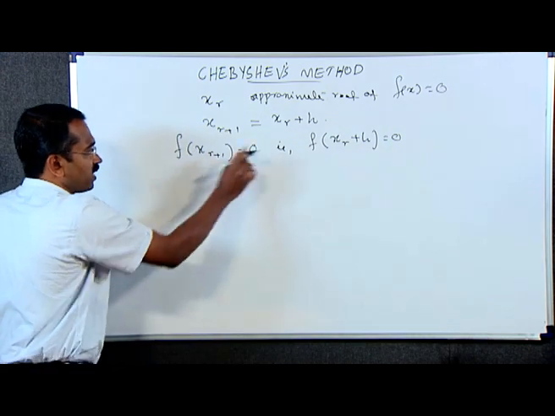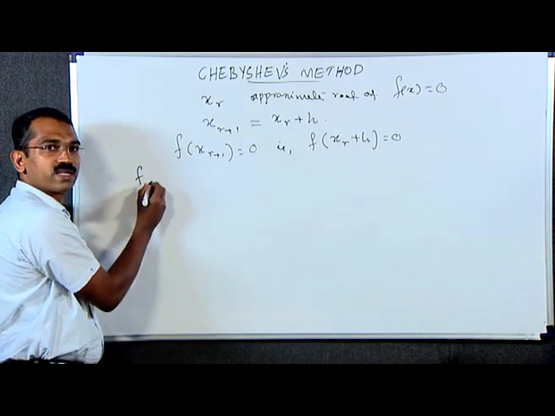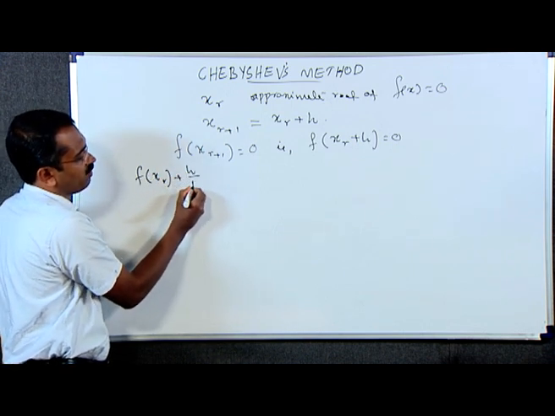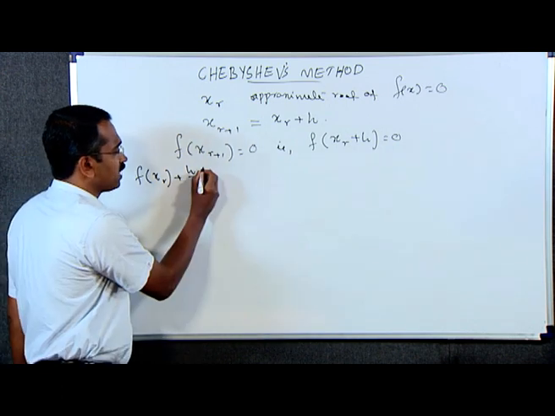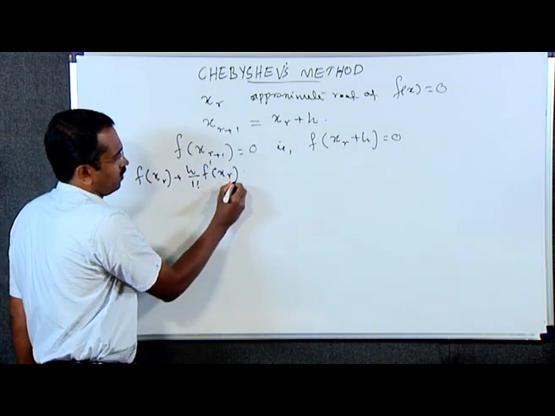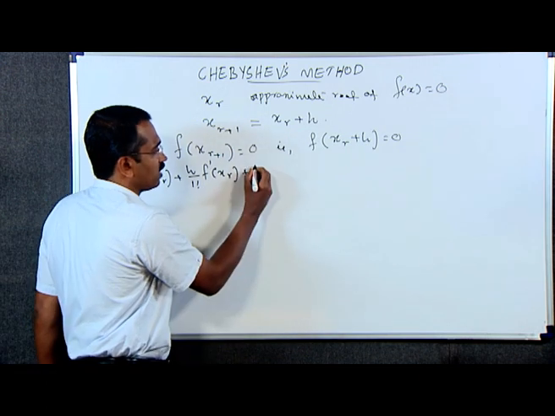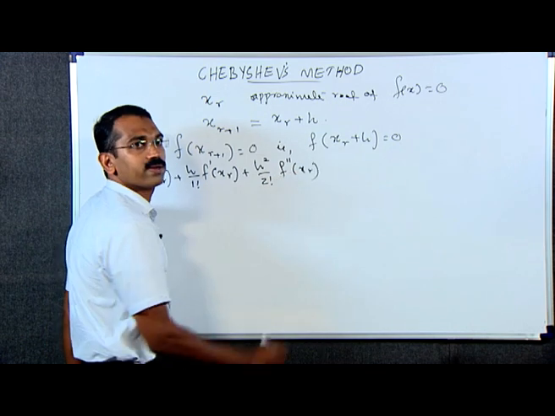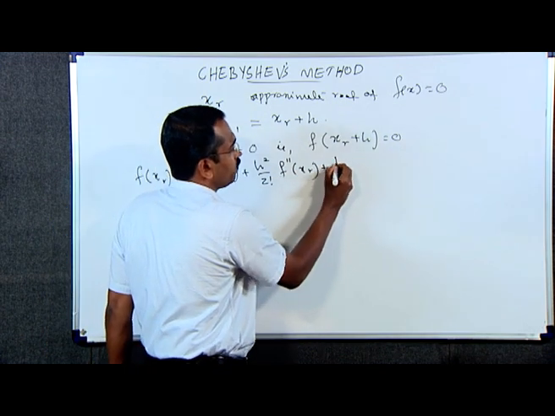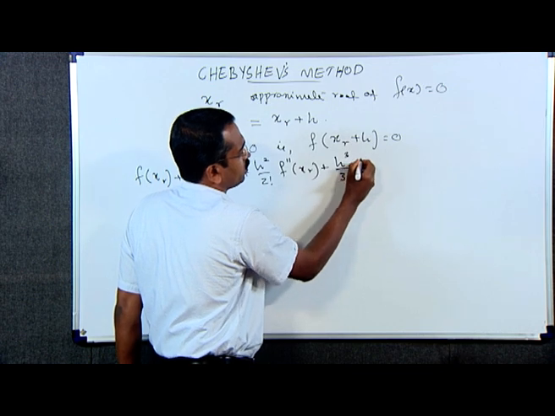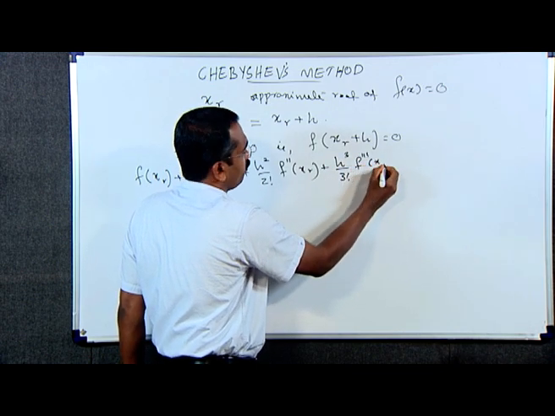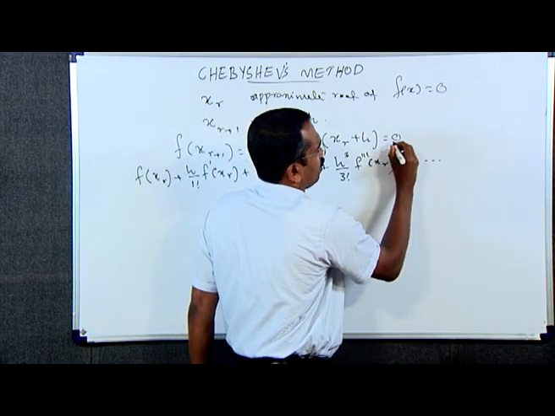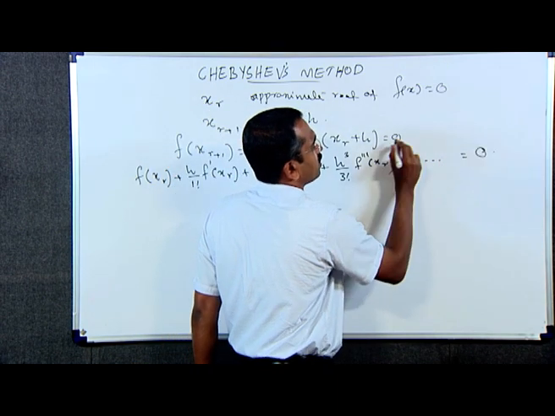That is, f(x_r) + h/1! f'(x_r) + h^2/2! f''(x_r) + h^3/3! f'''(x_r) + etc. is equal to 0. The right hand side is 0.